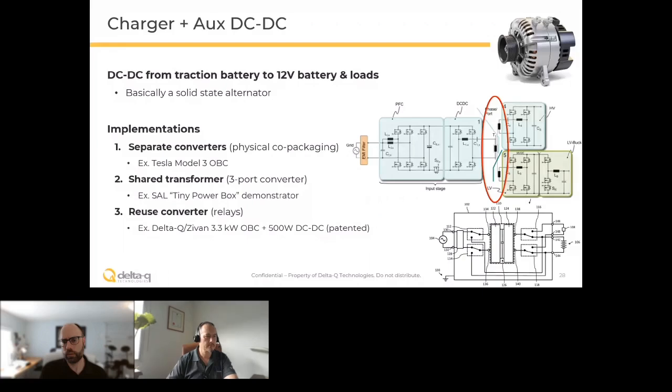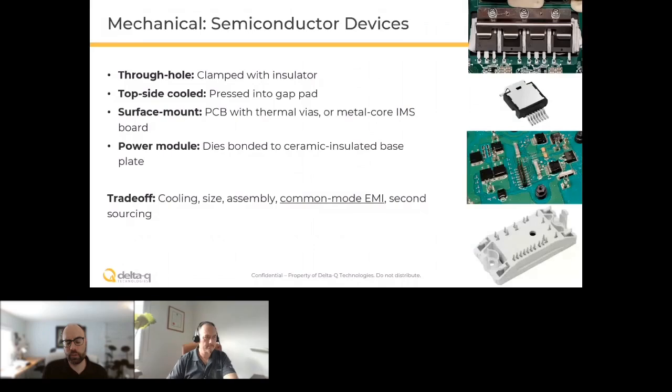Whereas if you use something standard like the TO or the D squared packs, you've got multiple vendors, and when you're operating at high volume and all over the world and looking at tariffs and supply chain issues, having second sources is very critical. The other thing is if you're building up topside cooling on a circuit board and then pressing it into some sort of gap pad, the stiffness of that circuit board matters a lot.